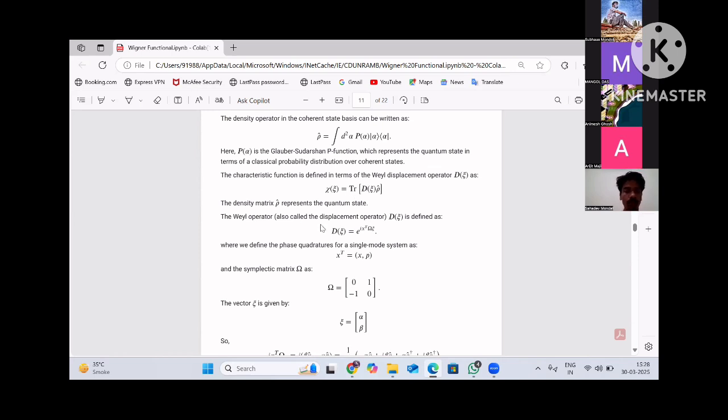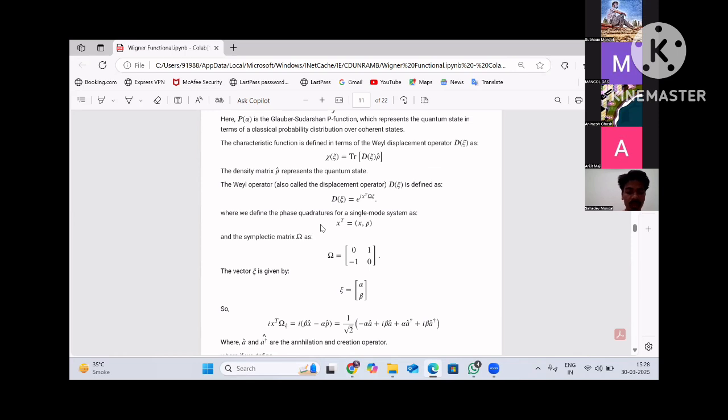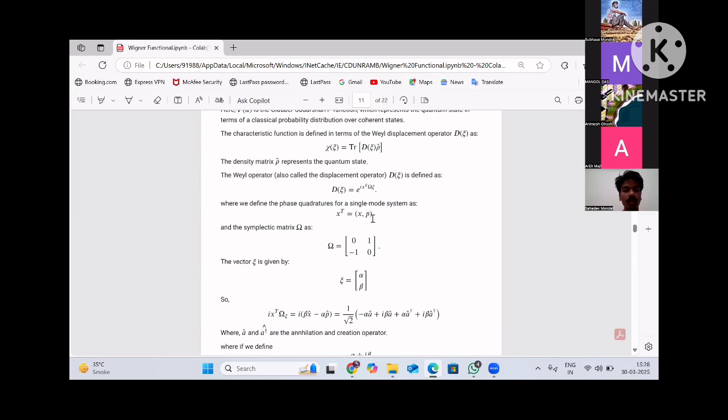The displacement operator describes the displacement of the state from the mean position, and is defined as e to the power xi transpose omega chi, where chi here is the phase space quadrature for a single mode system.